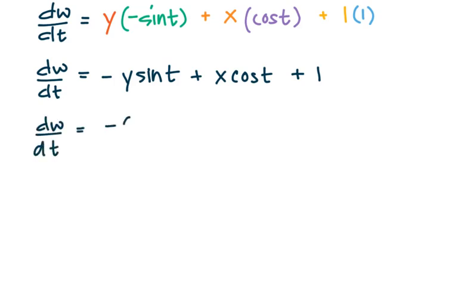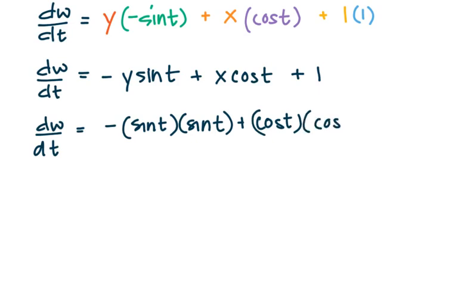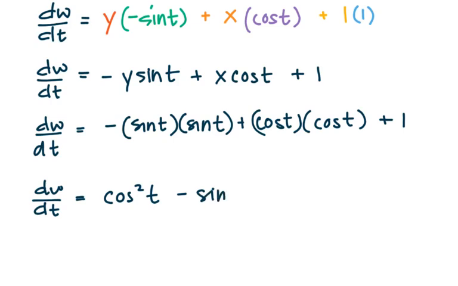So I have negative, y was sine t, so sine t times sine t, plus x was cosine t, so cosine t times cosine t, plus 1, or dw/dt is cosine squared t minus sine squared t plus 1.